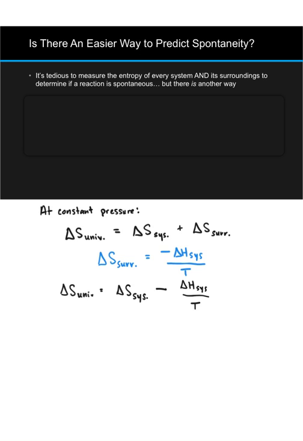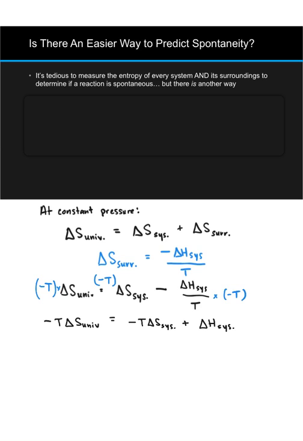If we multiply through everything by T and take a negative along with it, we multiply every single term by negative T to keep our equation consistent. What we end up with is, on the left-hand side, negative T delta S for the universe. On the right-hand side, negative T delta S for our system or our reaction, plus delta H for our system or reaction.